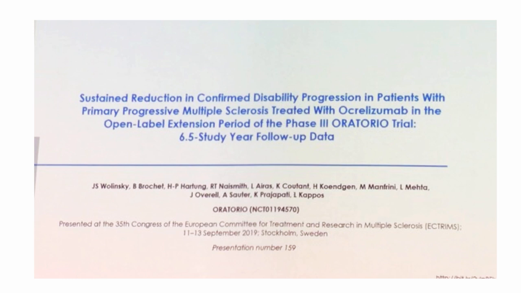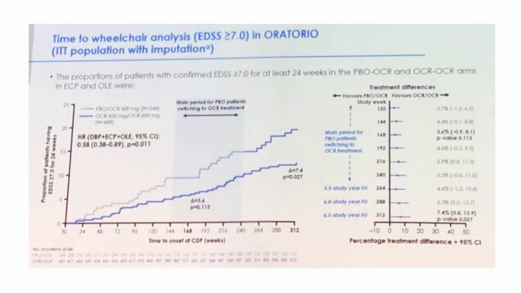The analysis they did was a bit different: they were looking at the time to wheelchair. So how long in each arm, the placebo arm versus the ocrelizumab arm, before people went into a wheelchair, and then they had this interim period where people were all swapped onto the ocrelizumab.